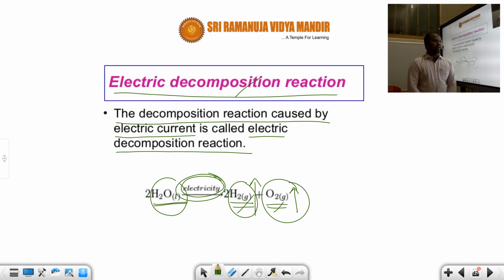So today we learnt about the limitations of chemical equations and types of chemical reactions. How many types of chemical reactions? Five types. We have already completed chemical combination reactions, decomposition reactions, and types of decomposition reactions like thermal decomposition, photochemical decomposition, and electric decomposition reactions.